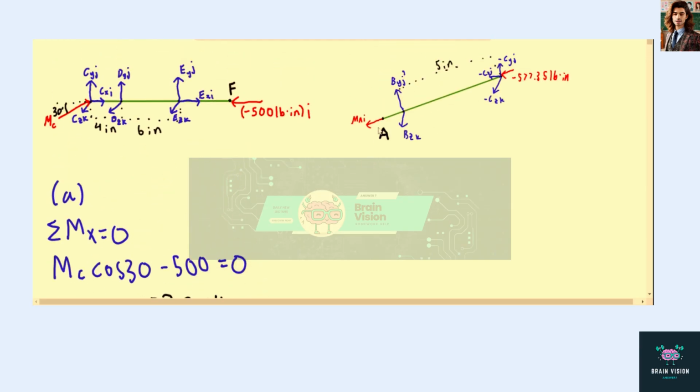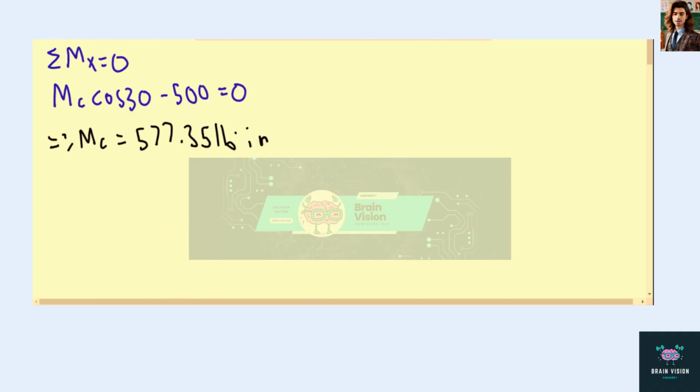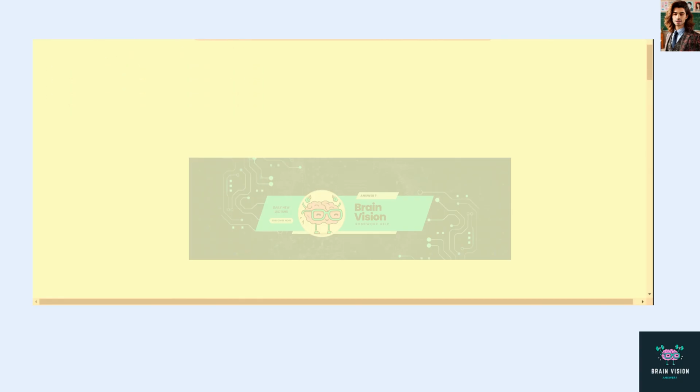So we're now going to look at the free body diagram on the right, and I've already labeled the moment that we've calculated. We're now going to say that the sum of moments about the point C is equal to 0.